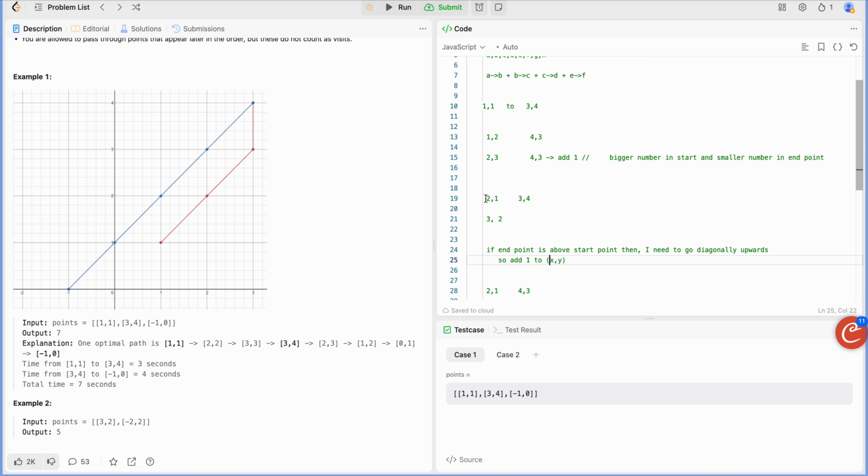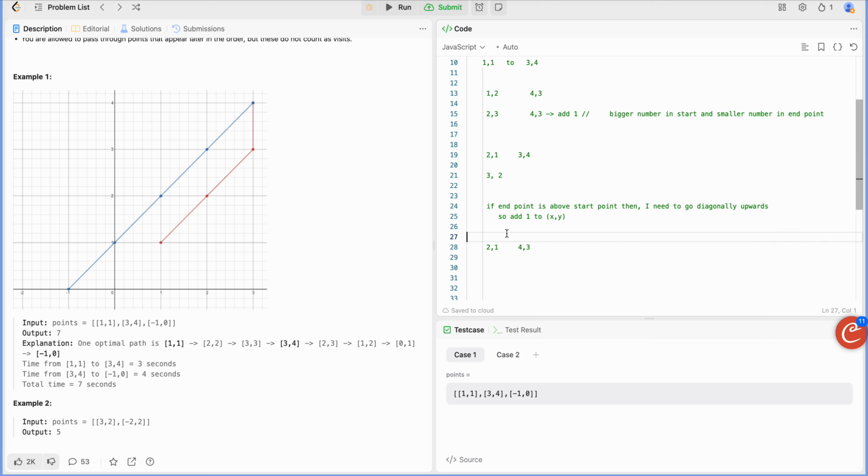From 2 1 to 3 4, since the end is up, I need to add: 2 plus 1 is 3, 1 plus 1 is 2. And since the x is already equal, I cannot go further diagonally. So I can only go from 2 to 4 vertically.